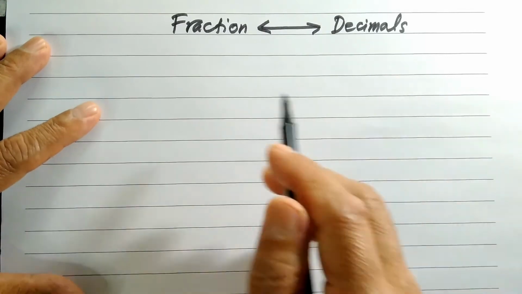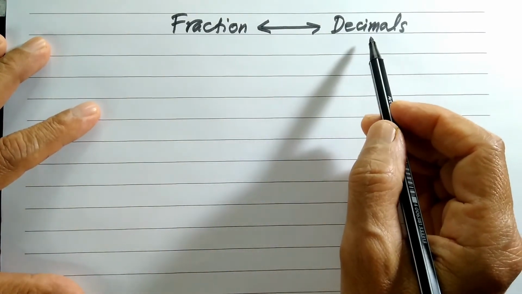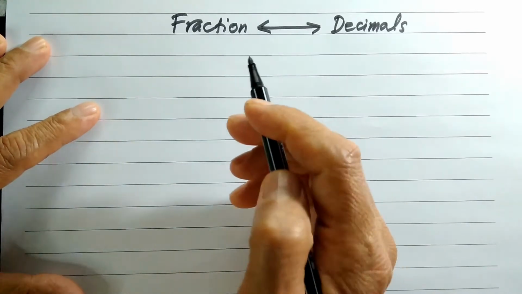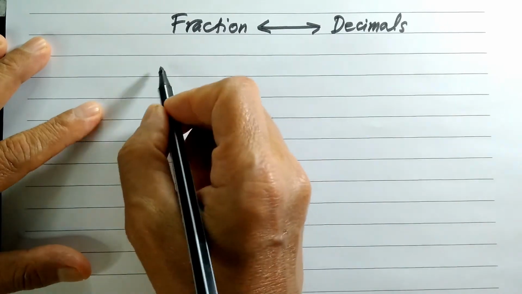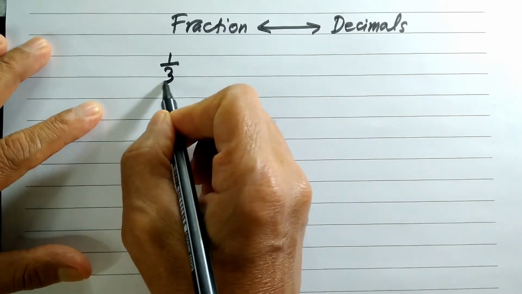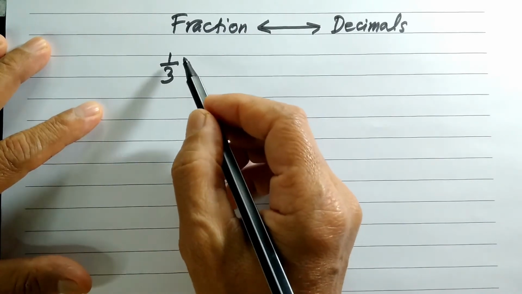As we all know, fractions can be converted to decimals, right? And decimals, at the same time, can be converted to fractions. Now, if we are given, for example, a number like 1 over 3, we know this is a rational number if it is written like this.